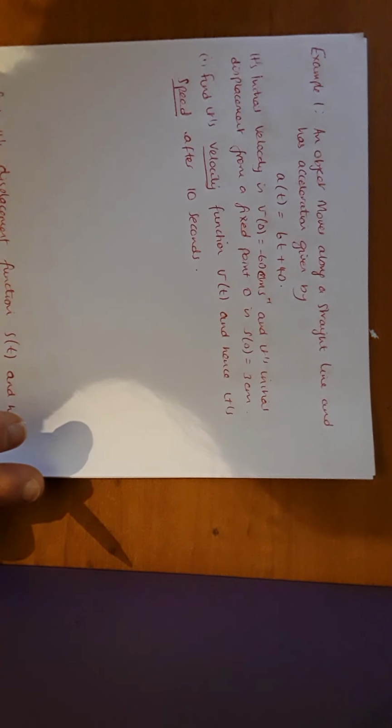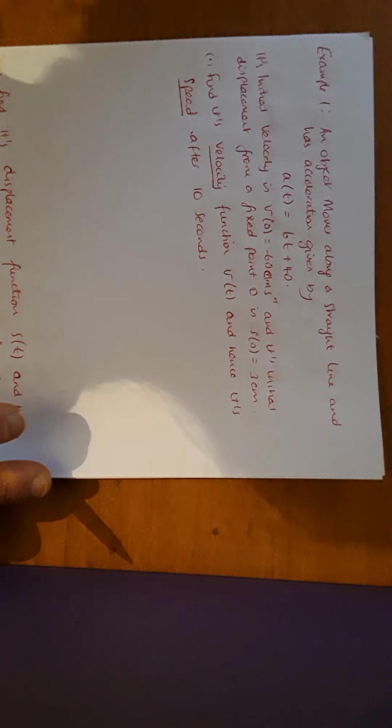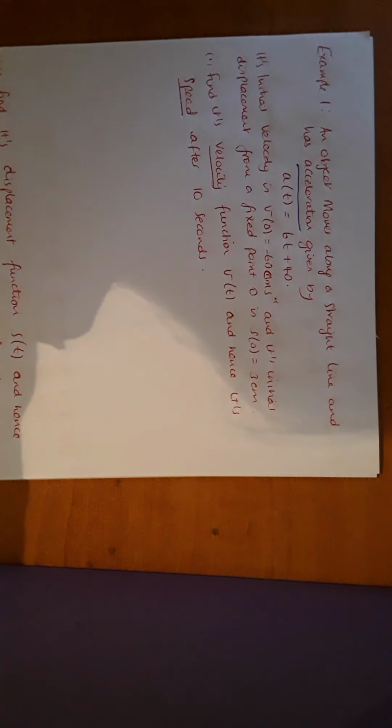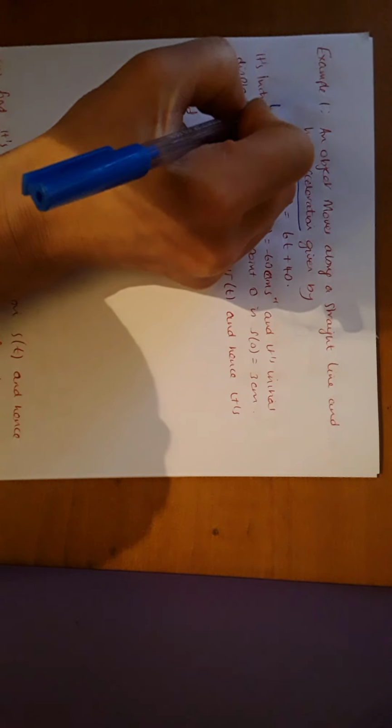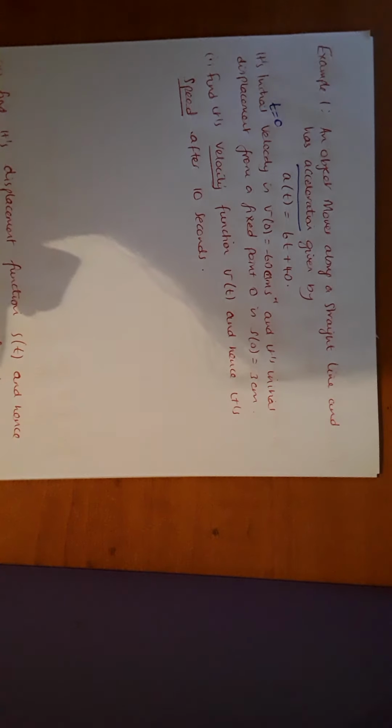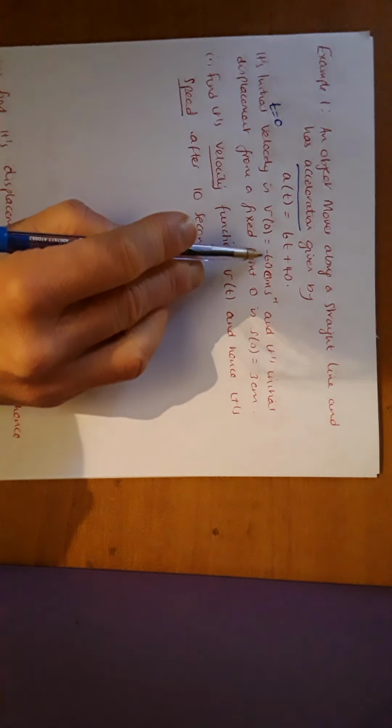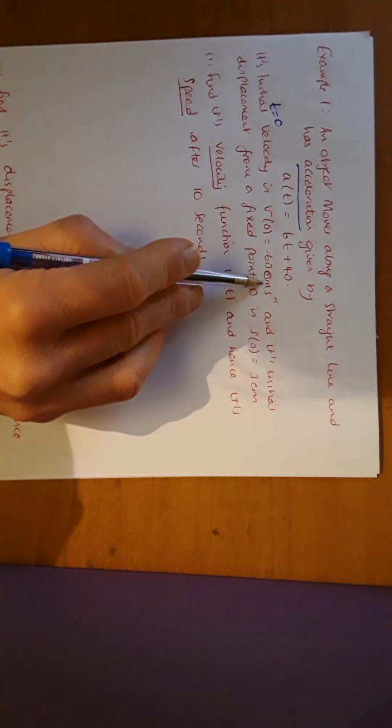Example number 1. An object moves along a straight line and its acceleration is given by a(t) equals 6t plus 40. Its initial velocity, so no time has passed, t is 0, v(0) is minus 60 centimeters per second.